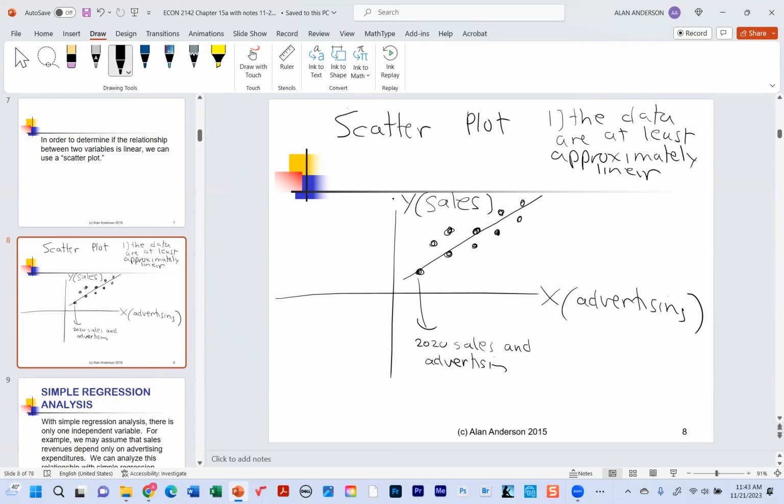And number two, there's a positive relationship between X and Y, meaning that they're moving in the same direction. How can you tell? Because of the slope of this line, which is often, by the way, called the trend line.